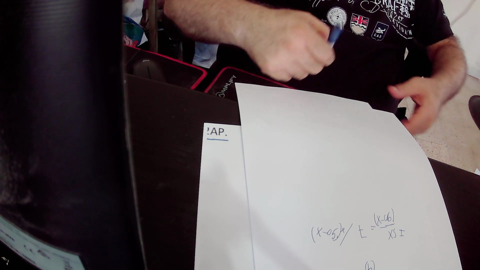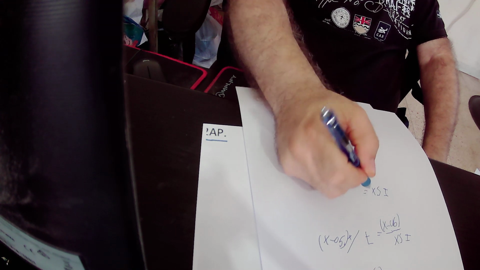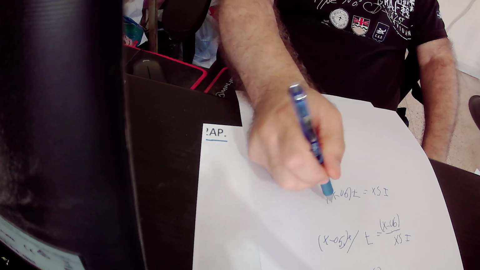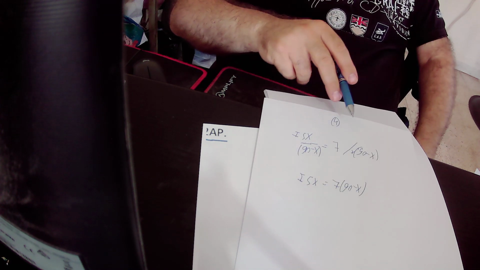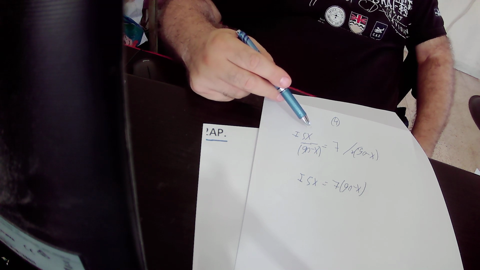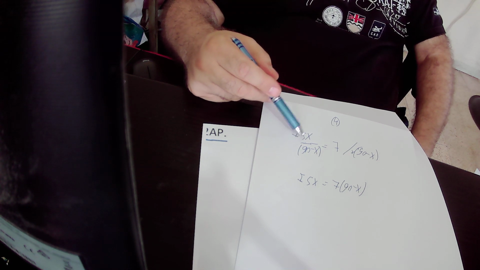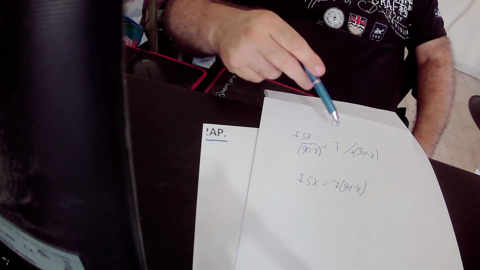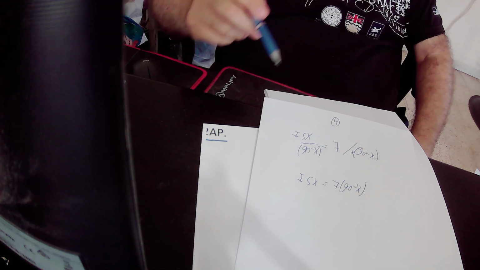So we get that 5x equals 7 times 90 minus x. So we multiplied both sides of the equation by 90 minus x, so 5x divided by 90 minus x times 90 minus x equals 5x, and 7 times 90 minus x equals 7 times 90 minus x.